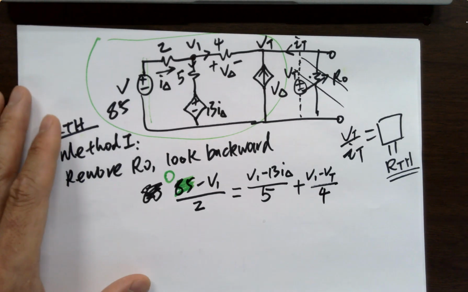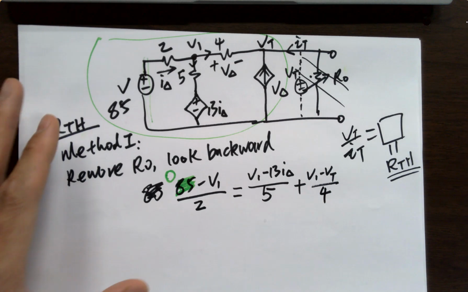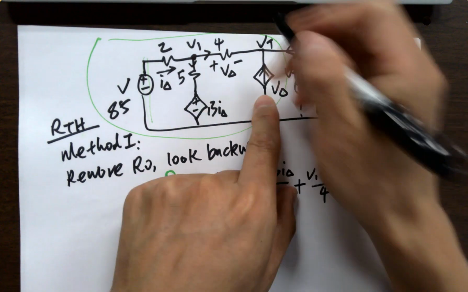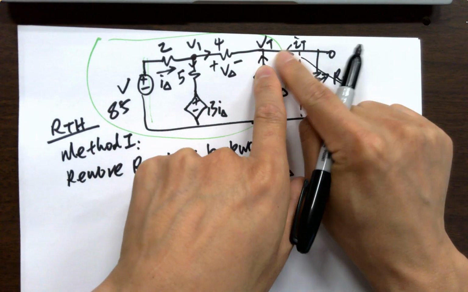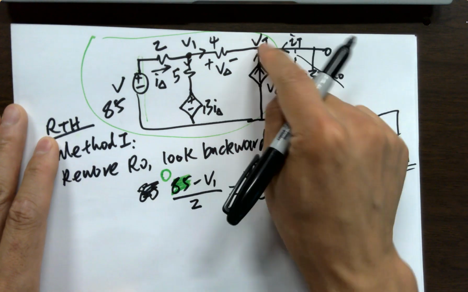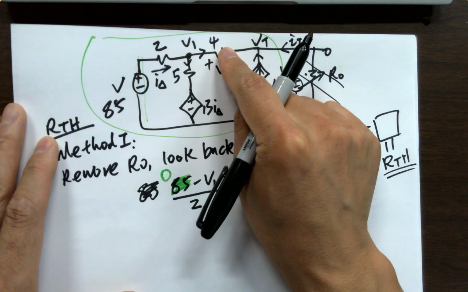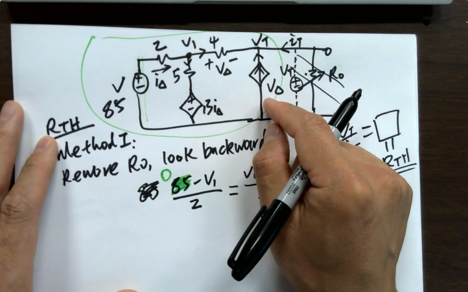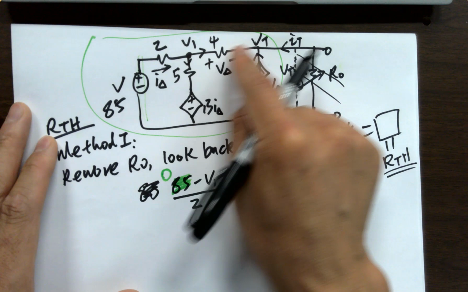What else? What's the current going up? You got an IT, you got a V delta, merging, coming out. So what is that?